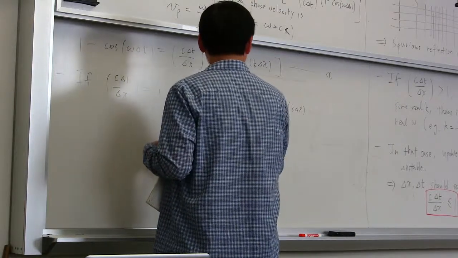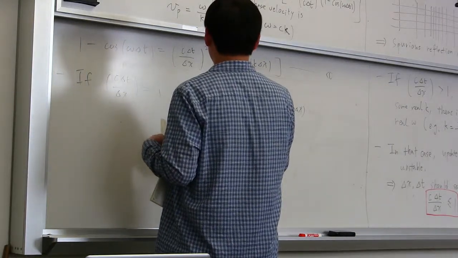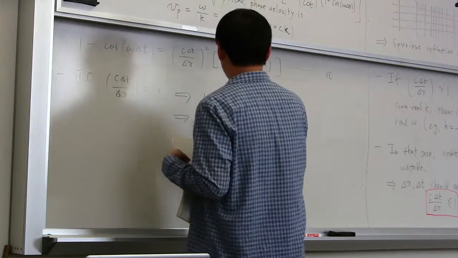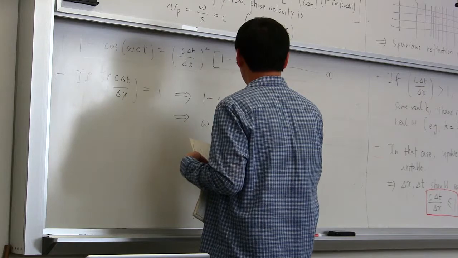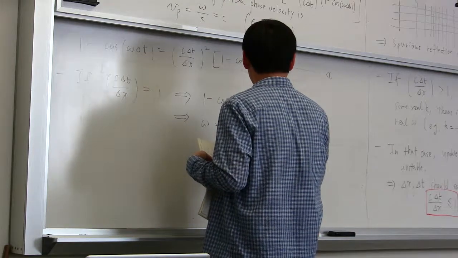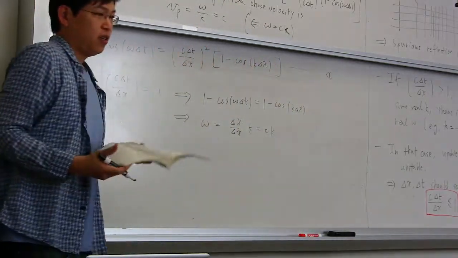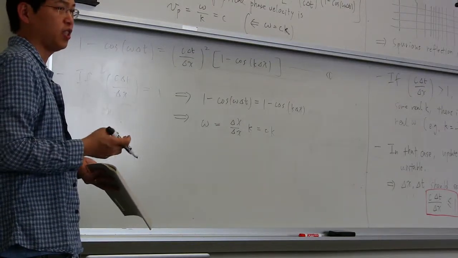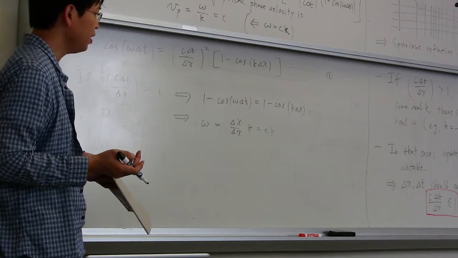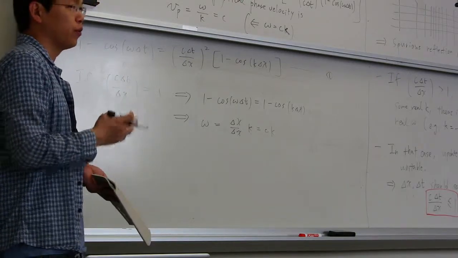So you have omega equal to delta x over delta t times k, which is ck. So again, you recover the physical dispersion relation. This actually holds only for 1D.